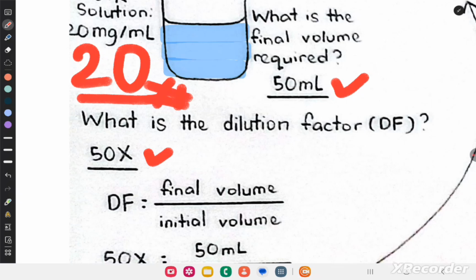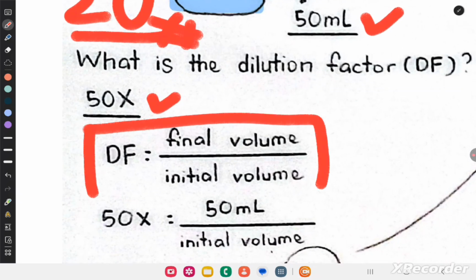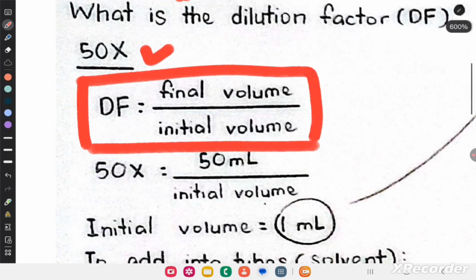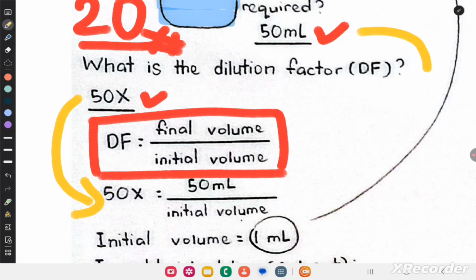Based on this formula, dilution factor equals final volume divided by the initial volume. Now we have the dilution factor, and we also have the final volume.